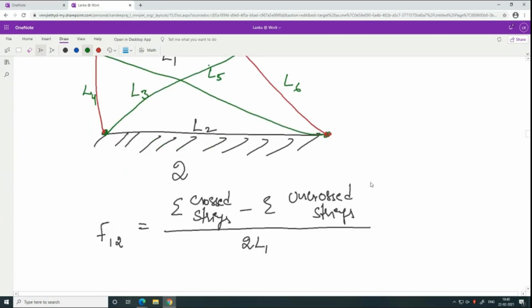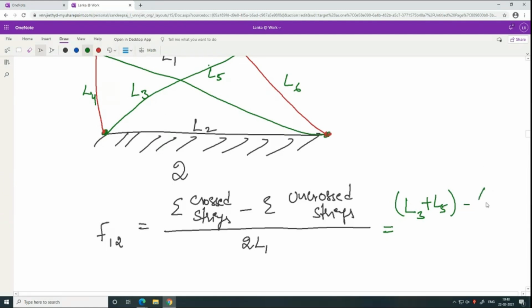Crossed strings means, here, can you see, 3 and 5 are actually crossed strings. So what I can write here is length 3 plus length 5, minus uncrossed, which means 4 and 6 are uncrossed strings here.